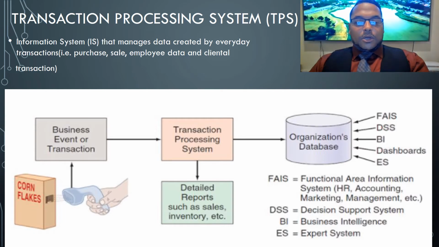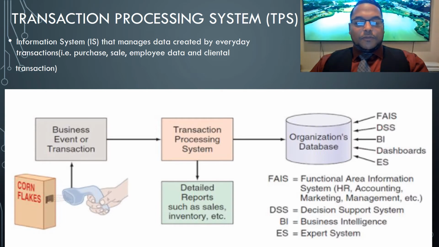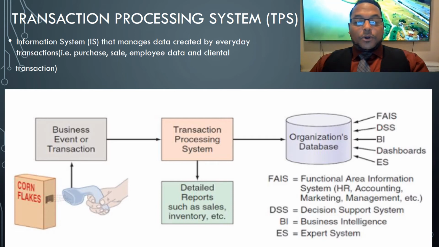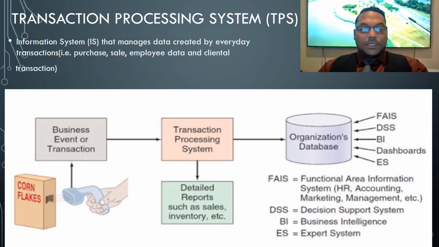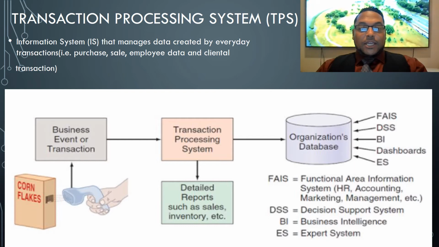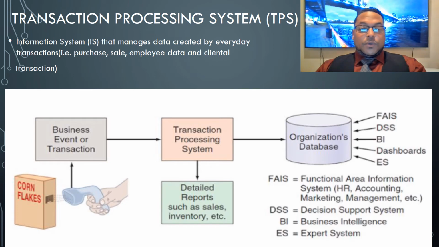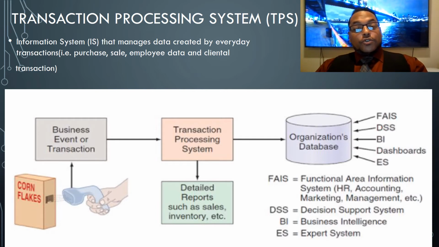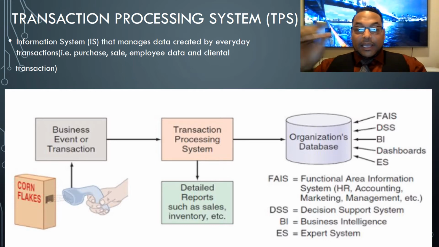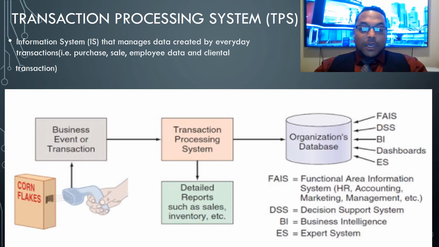Continuing on with different types of information input for the cumulative information system, we look at transaction processing systems, right? Which is viewed as a ground level initiative system where information is gathered. Information system that manages data created on everyday transactions, like purchases for a store or sales, employee data, and clientele transactions.